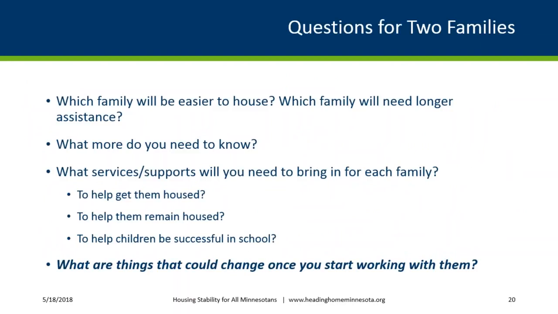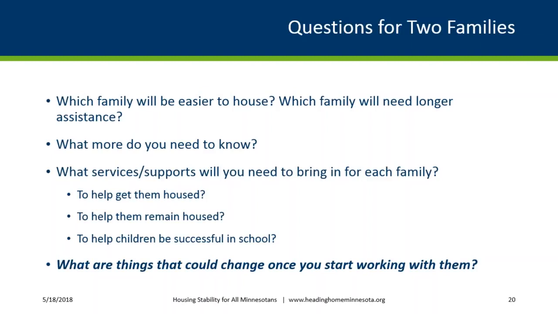So the questions that I wanted us to think about were: what are we assuming about who will be easier to house and who will need longer assistance, but also what more would we need to know, and how would we provide some services for that? And most importantly, in the progressive engagement model, what are the things that could change once you start working with them?